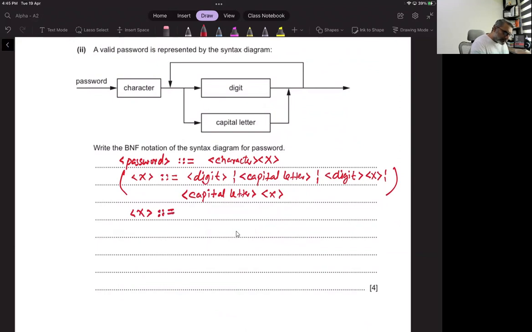We can break this up in the form that X is defined as P or Q. P is defined as digit or any number of digits.